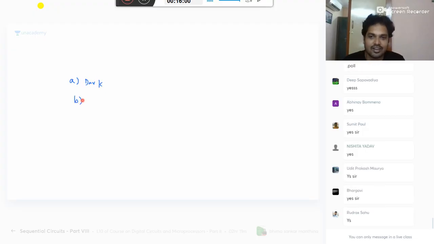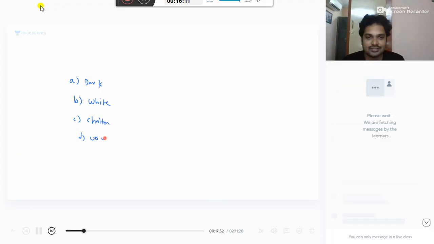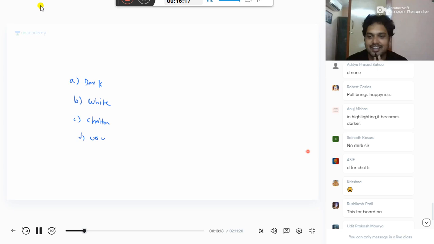A for dark, B for white, C for anything works. Both are the same.